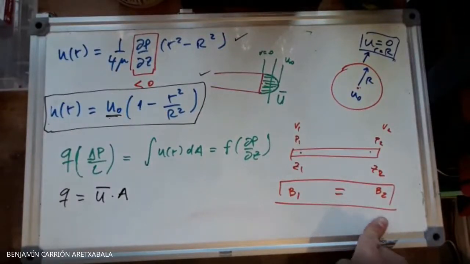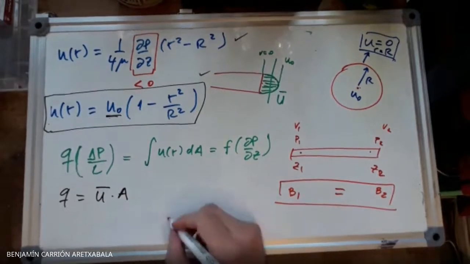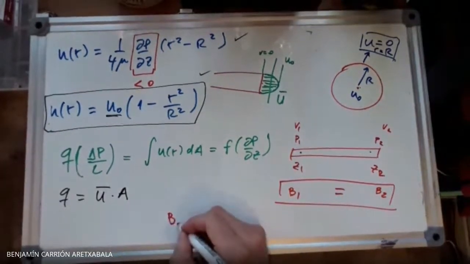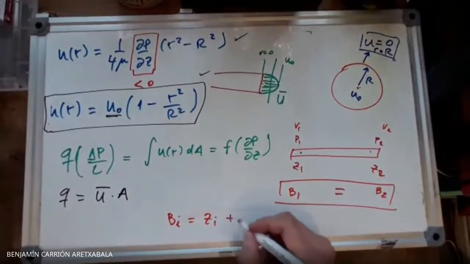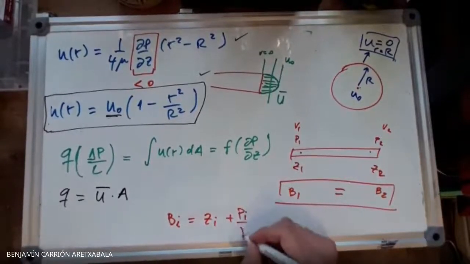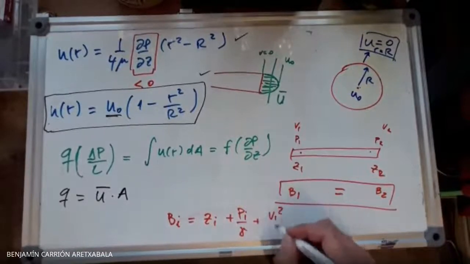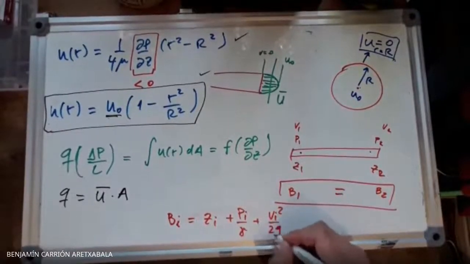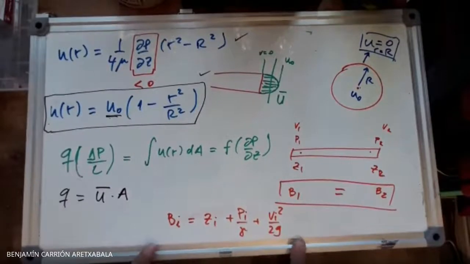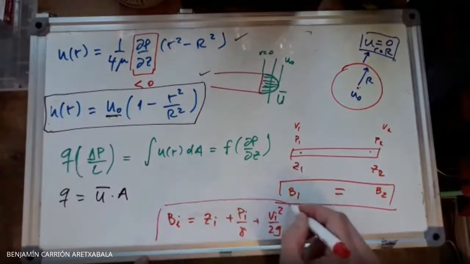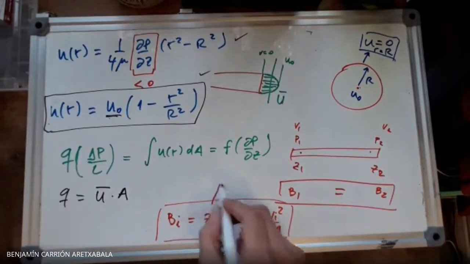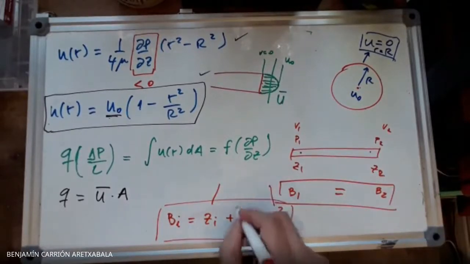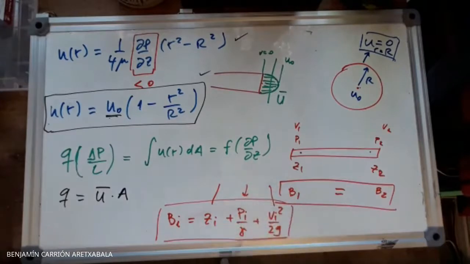And the Bernoulli, we said, at point i is just the position plus the pressure divided by gamma plus Vi squared over 2g. Do you recall this? This is quite important. So we're saying, well, z doesn't change, V doesn't change, only P can change along the pipe.